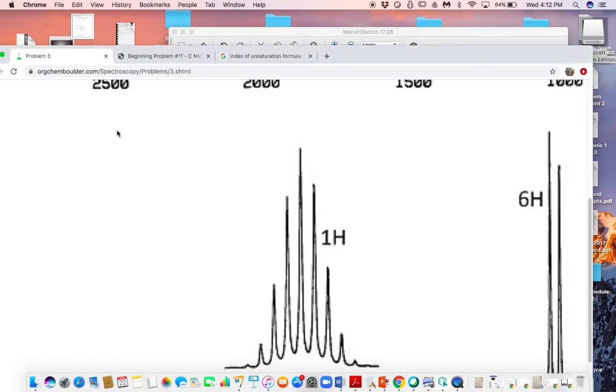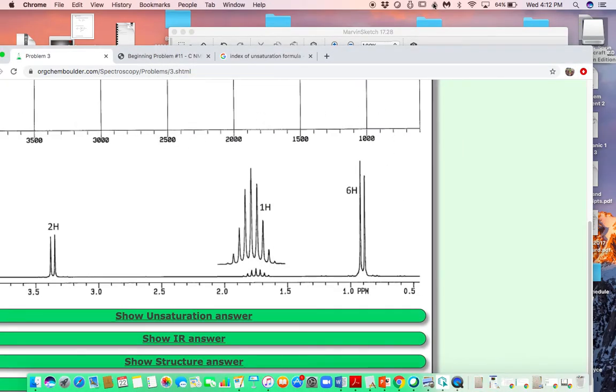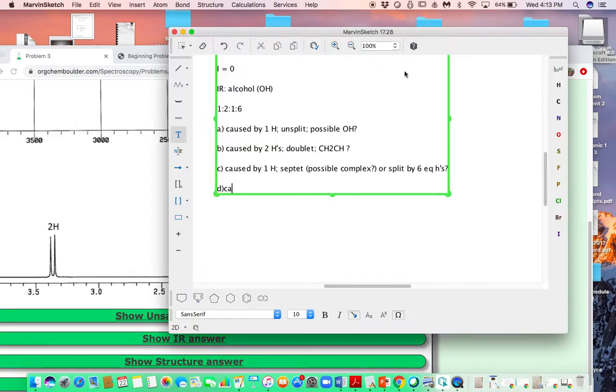All right, and then signal D. Signal D is caused by 6 H's. I really should capitalize all my H's. Sorry about that. And that is a doublet.